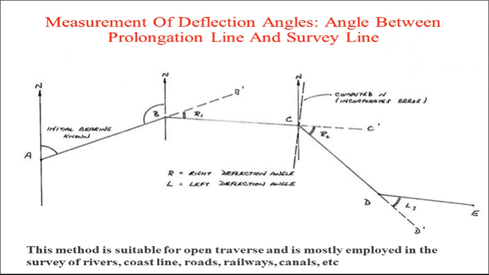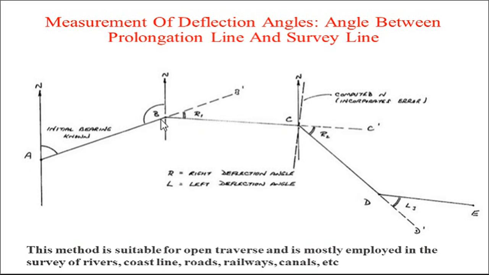Now, deflection angle is the angle which a survey line makes with the prolongation of the preceding line. So, here this is line AB, then line BC and say line CD.